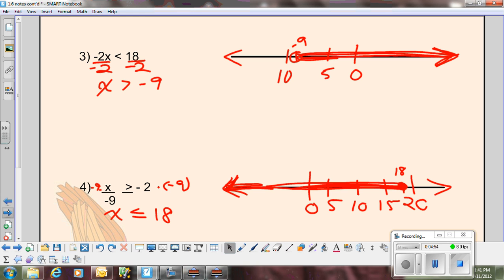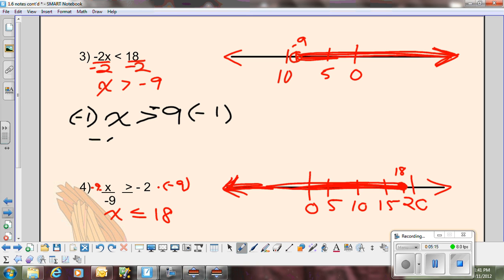If I make this statement, I'll just put it up here. I say x is greater than negative 9. So same one I got here. Now I'm going to multiply both sides by negative 1.